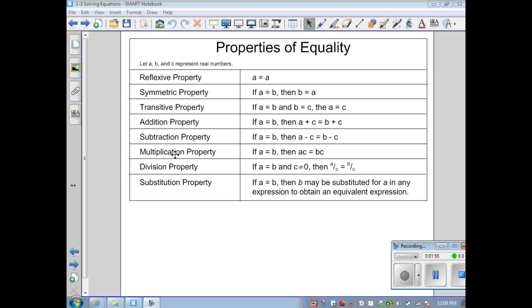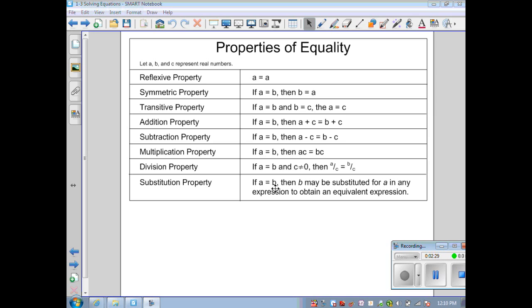Multiplication property, the same as the two above, except I'm going to multiply on the left and right side by the same quantity, then the left and right side of the equal sign will remain equal. The same with division. As long as I don't divide by 0, which would make the problem undefined, then I would have the left and right side equal as long as I divide by the same quantity on both sides.